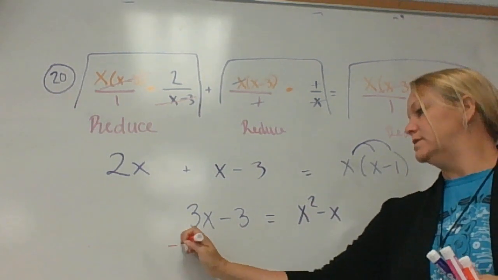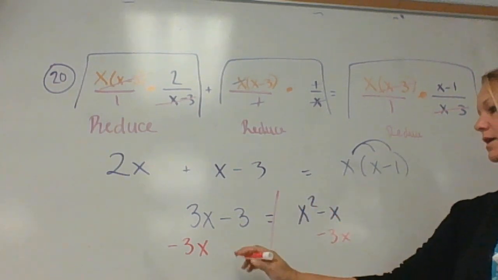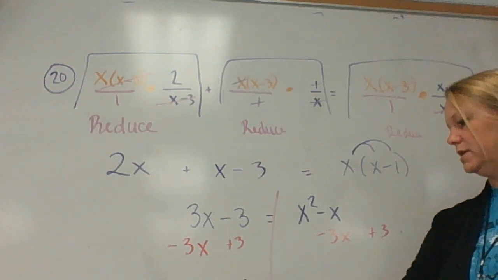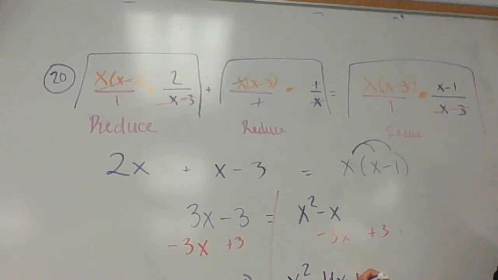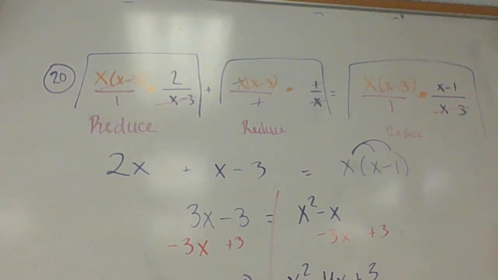So I'm going to subtract the 3x over, add the 3 over. 0 equals x squared minus 4x plus 3. And then you have to factor it.